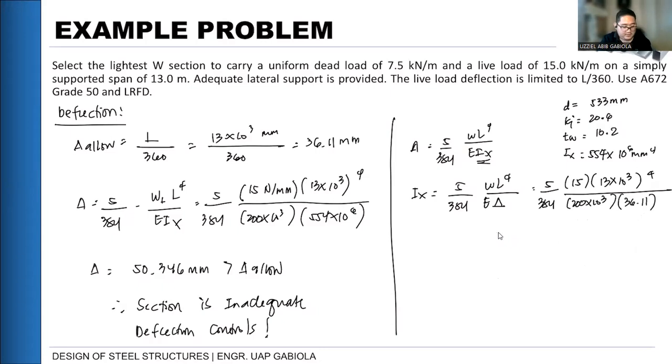Okay, yeah. So we have 5 times 15 times 13 times 10 to the 3 to the fourth all over 384, 200 times 10 to the 3, 36.11. Okay, so we have 772,406,578.9 mm to the fourth. Convert natin into inches to the fourth.